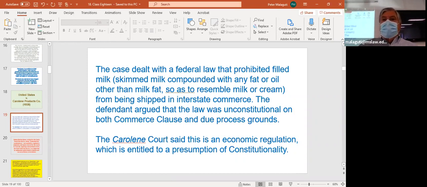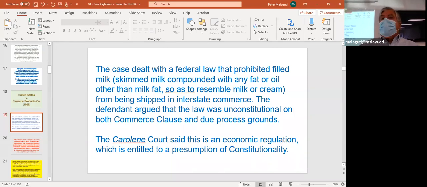Here, apparently, to make the milk more affordable, the companies would take the fat out of it, use the fat for other reasons, probably for cream or whatever, and then add some non-dairy oil to it, hence the name filled milk. So you might get animal oil or some type of vegetable oil that was added to the milk.